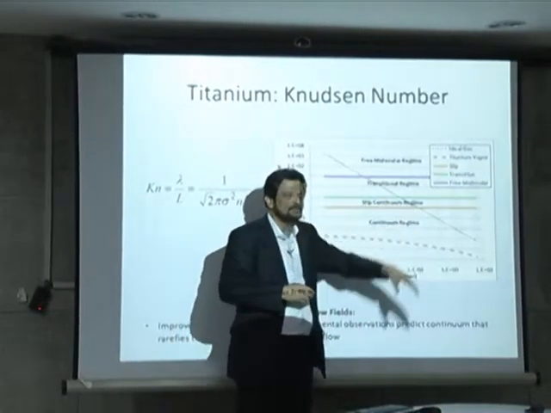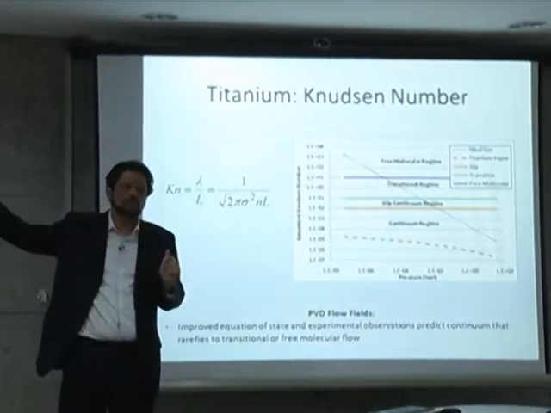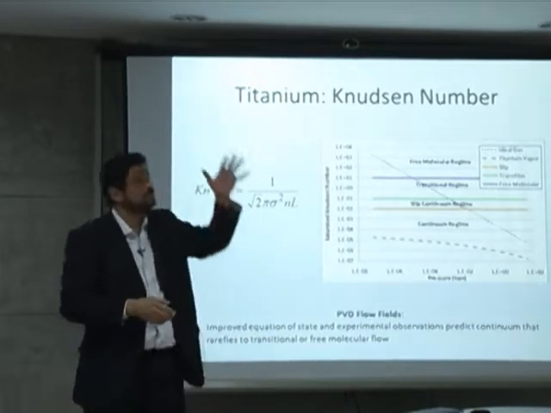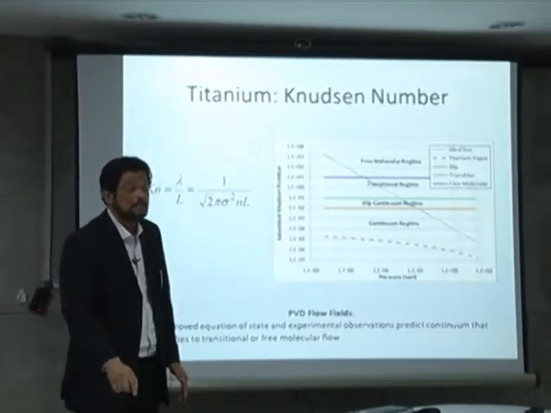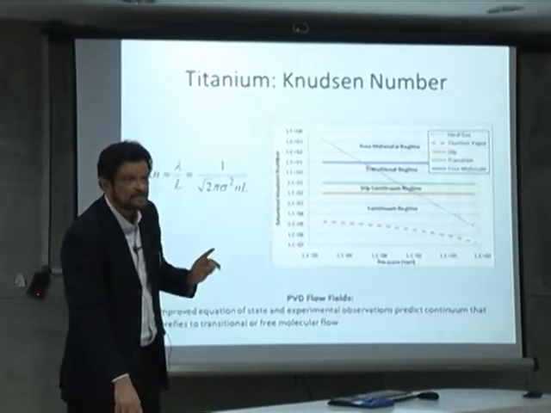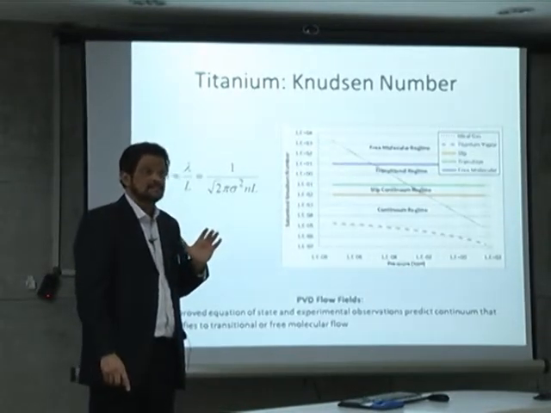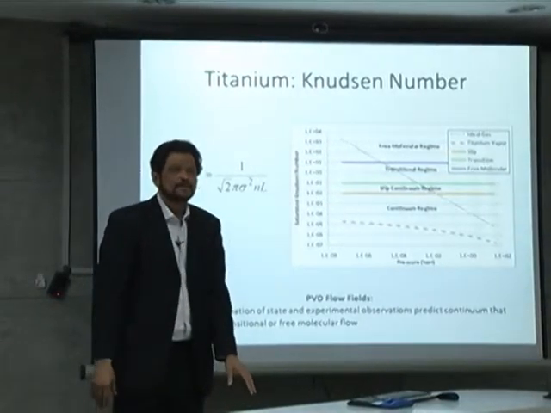Then there is a slip continuum region. You might remember in fluid mechanics, when there is flow going over a solid object, such as this object, if a fan is blowing air on this surface, the boundary condition at the surface is, what is the speed? Speed is equal to 0, the same as the solid speed, which is 0 in this case.